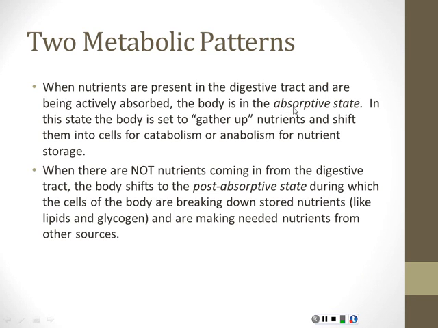And anytime that we put nutrients into the digestive tract, eventually those nutrients are going to be absorbed by the digestive tract and are going to be available for the body to use. So the amino acids, the simple sugars, and the fatty acids that are digested and absorbed can be used by the cells that are in need. So when the body is in that state, in other words, when there's stuff coming in through the GI tract, we call that the absorptive state.